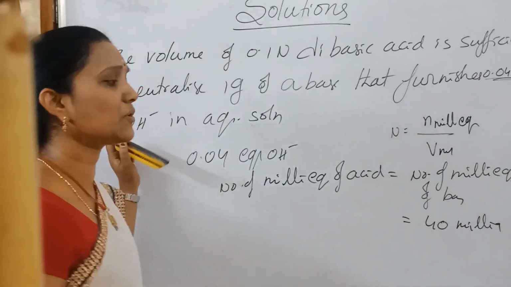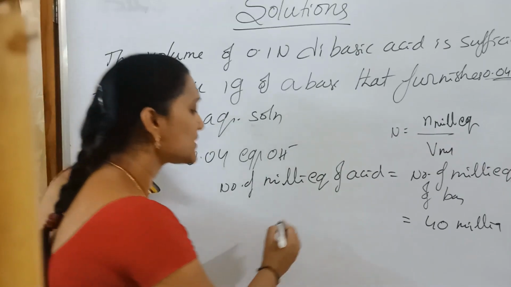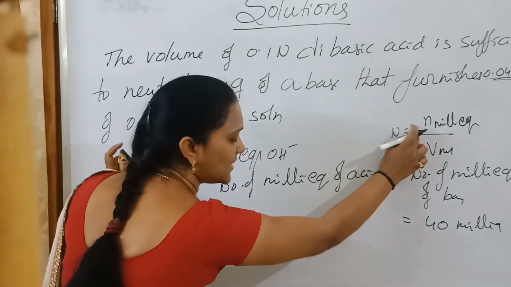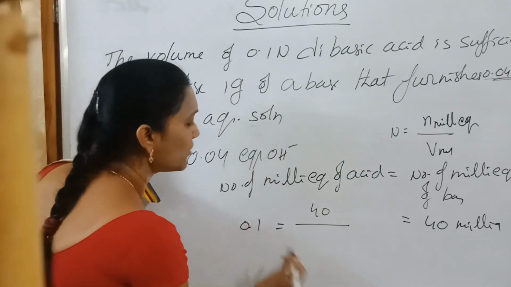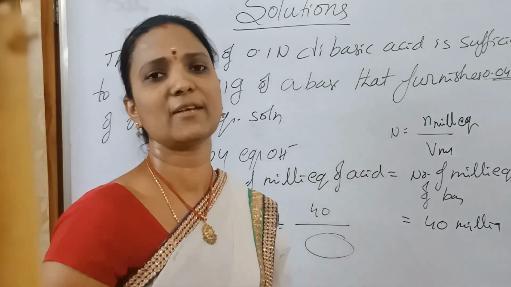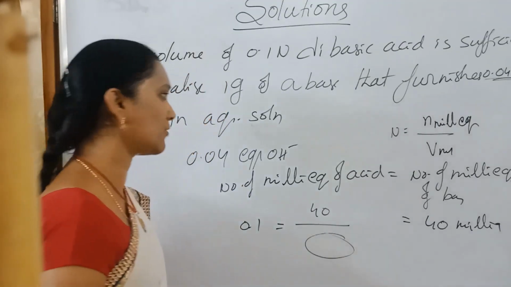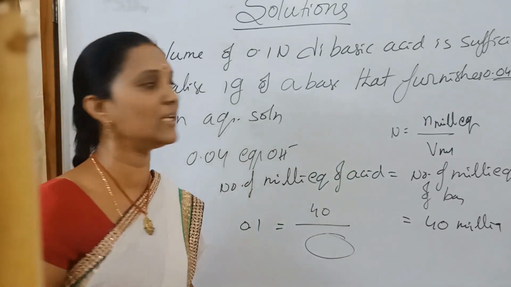The number of milliequivalents of base equals the number of milliequivalents of acid. So what is the number of milliequivalents of acid? 40. What is the given normality? 0.1. What are they asking? Volume. So like this we converted to milliequivalents. This is very easy to solve. Normality is number of milliequivalents divided by volume in ml.